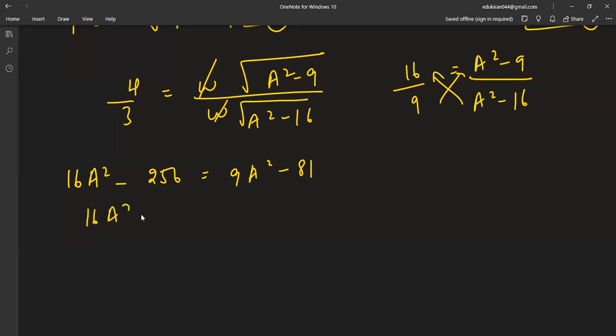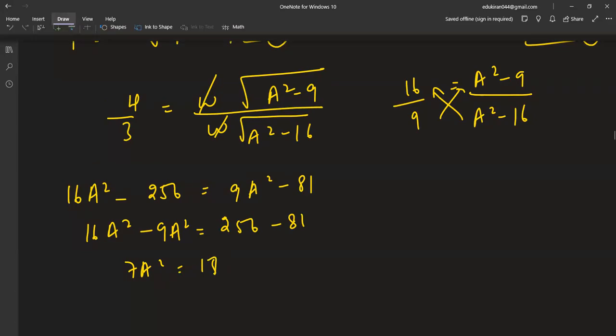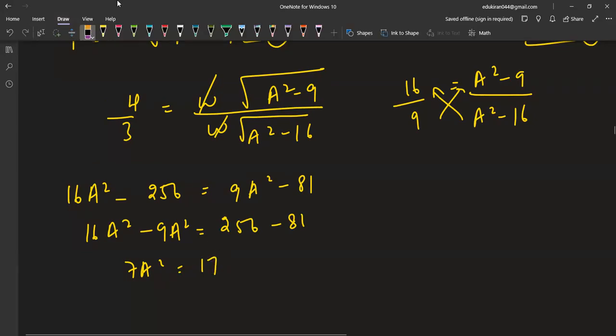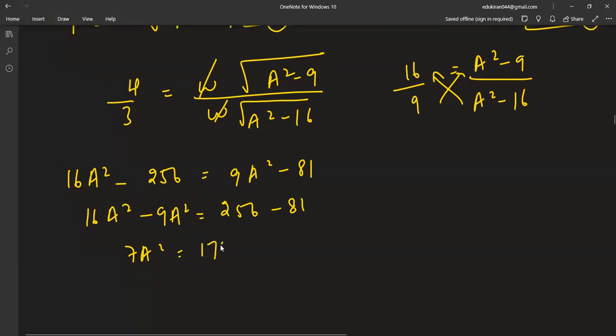So 16a square minus 9a square is equal to 256 minus 81. This is 7a square is equal to 175. So a square is equal to 25. A is equal to 5 meters.